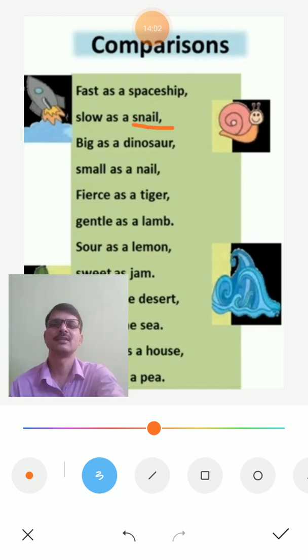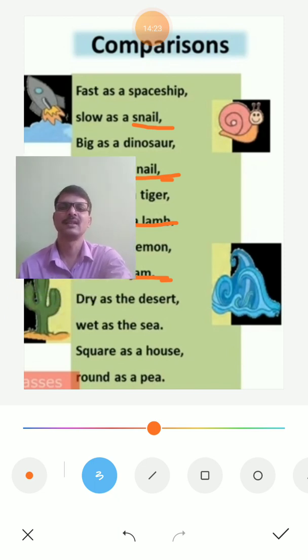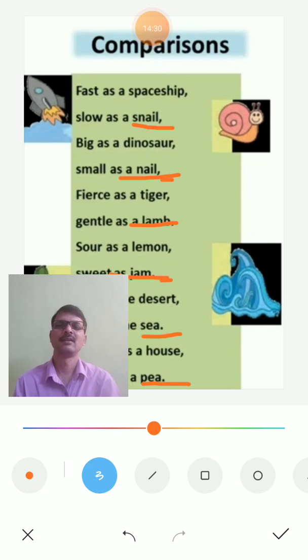Snail rhymes with nail. Then in the next four lines: tiger, lamb, lemon, jam. Lamb, jam. Then the next: desert, sea, house, pea. Here sea and pea. So snail, nail, lamb, jam, sea, pea are the rhyming pairs used in this poem.